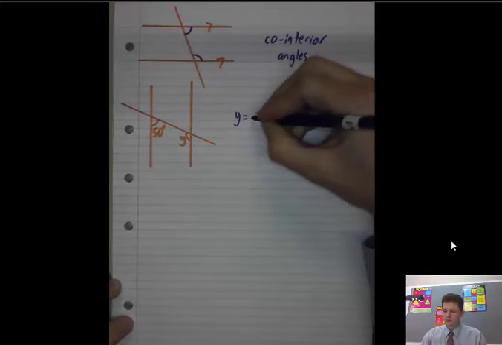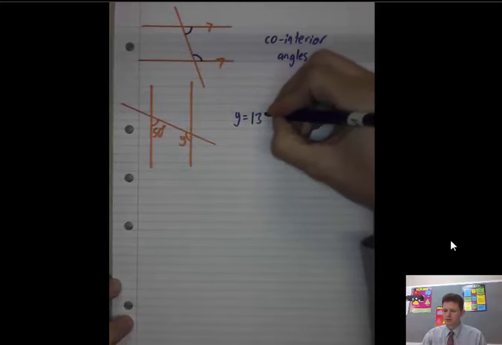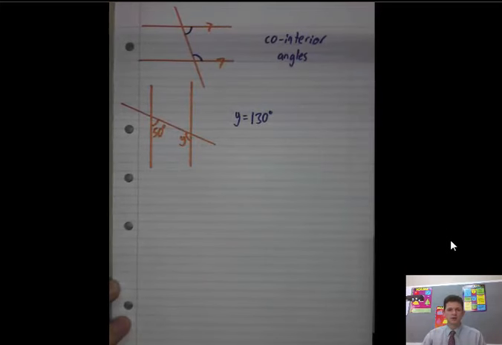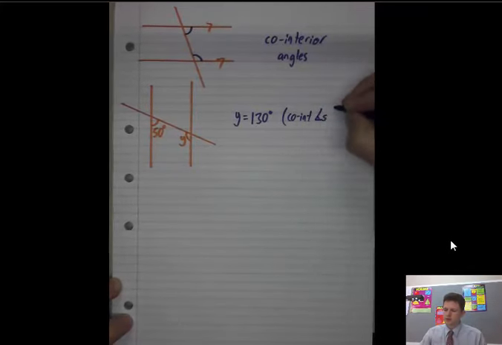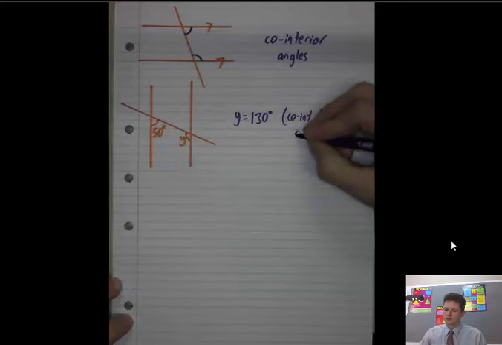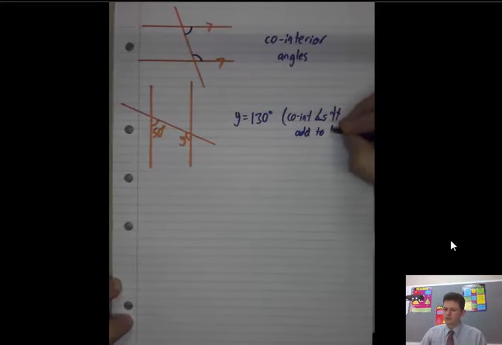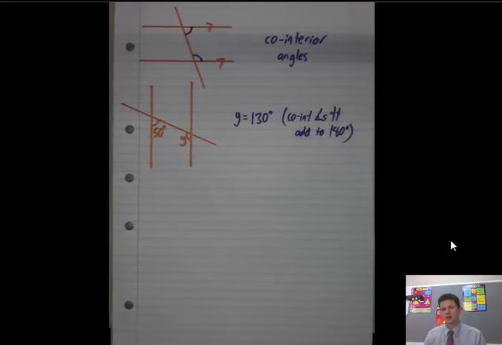So we can work that out pretty quickly. Y is 130 degrees, and our reason for that, co-interior angles and parallel lines add to 180 degrees.